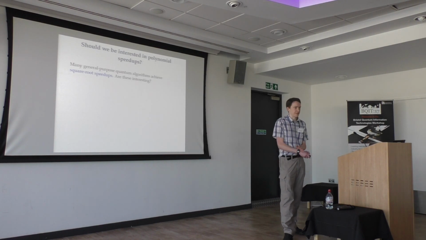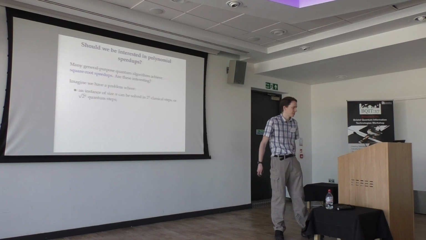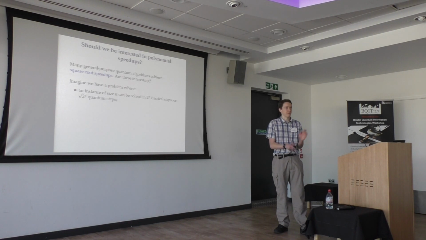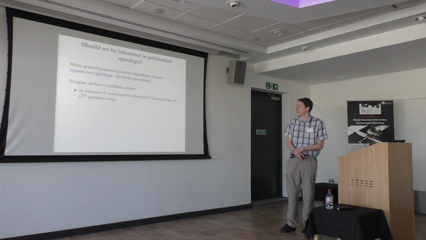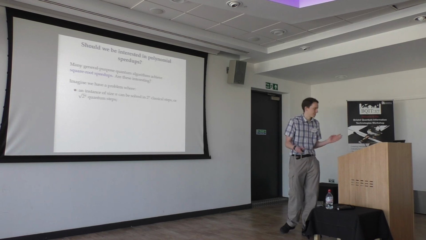So in order to see whether this is interesting, it's probably worth doing some back-of-the-envelope calculations. Just to put a simple data point or two on the slide, we might imagine that we have some problem which is very hard to solve classically.